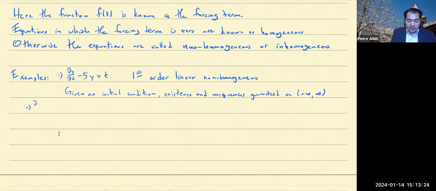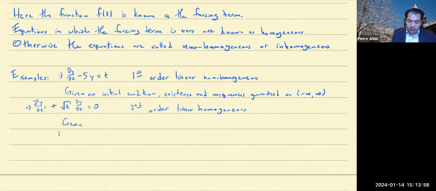Suppose we had an equation like the second derivative with respect to t of y plus square root of t dy dt equal to 0. This is a second order linear homogeneous equation. This is the type of equation that we saw in a previous class you can reduce to a first order equation and solve.